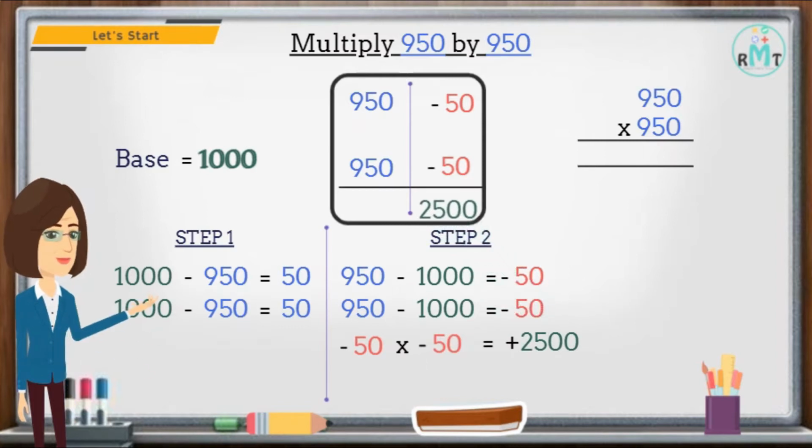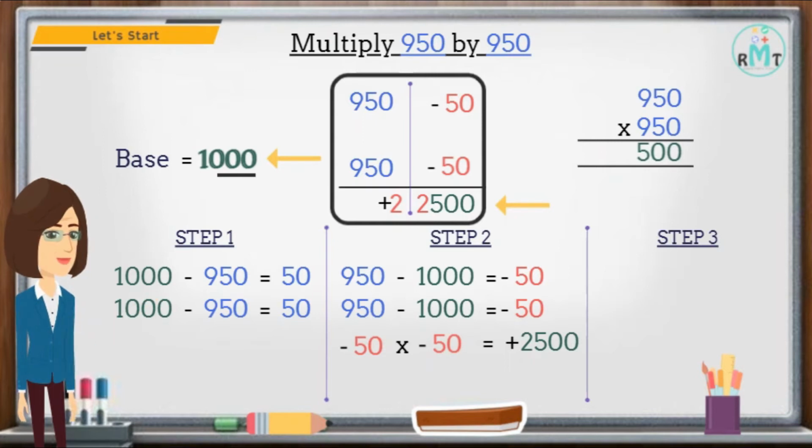Now, the base 1000 has 3 zeros, so the right hand side of the answer is filled by a 3-digit number. But we have a 4-digit number, namely 2500. Next, we carry over the extra digit, which is 2, to the left hand side and write the remaining digits to the right hand side of the answer.